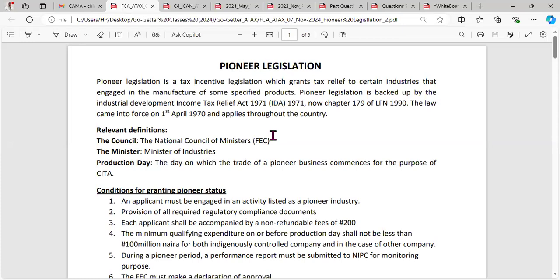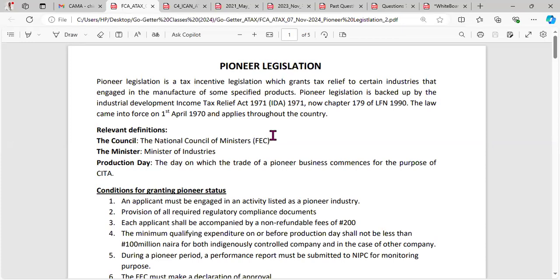So it's a tax incentive. This is an incentive to want to declare, to want to calculate your taxable income, an incentive to want to pursue the line of business.